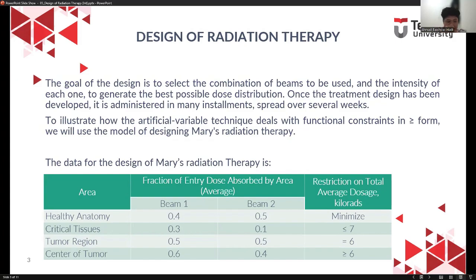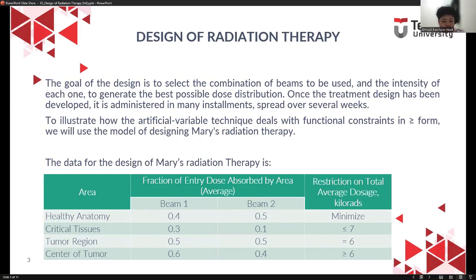The data for the design of Mary's radiation therapy has four areas. The first is healthy anatomy, the second critical tissue, the third tumor region, and the fourth center of tumor. This is the fraction of entry dose absorbed by area, averaged for beam 1 and beam 2.